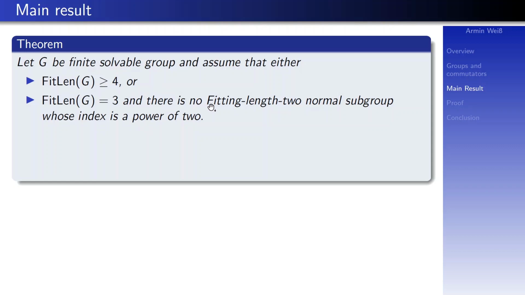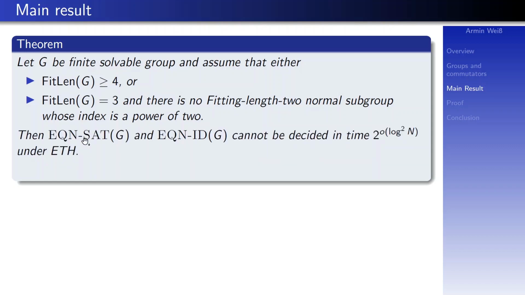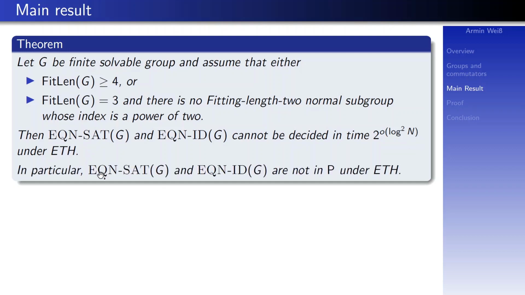And if one of these conditions applies, then equation satisfiability and equation identity cannot be decided in time 2 to the little o of log square N. So here capital N is just the input size, so the length of the input expression. And this implies that equation SAT and equation identity are not in P under the exponential time hypothesis. So this gives the first lower bound for the solvable but non-nilpotent case.